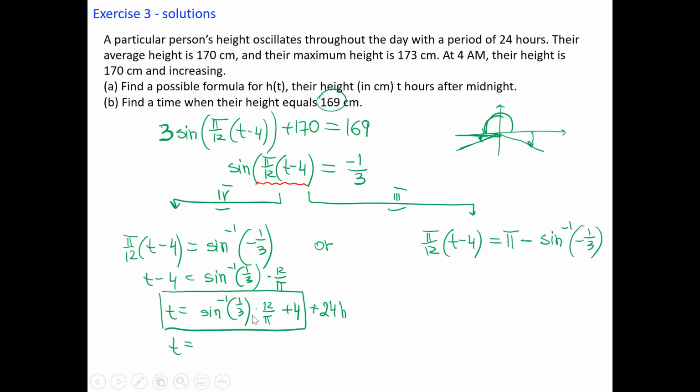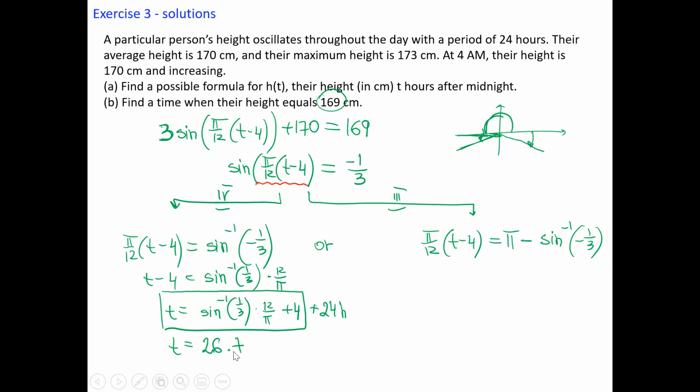Okay, when we use the calculator, I think I have to add 24 hours, because the value will be before that. Before I use the calculator, and you can also try, we will get 26.7, if you use exactly this, including 24.